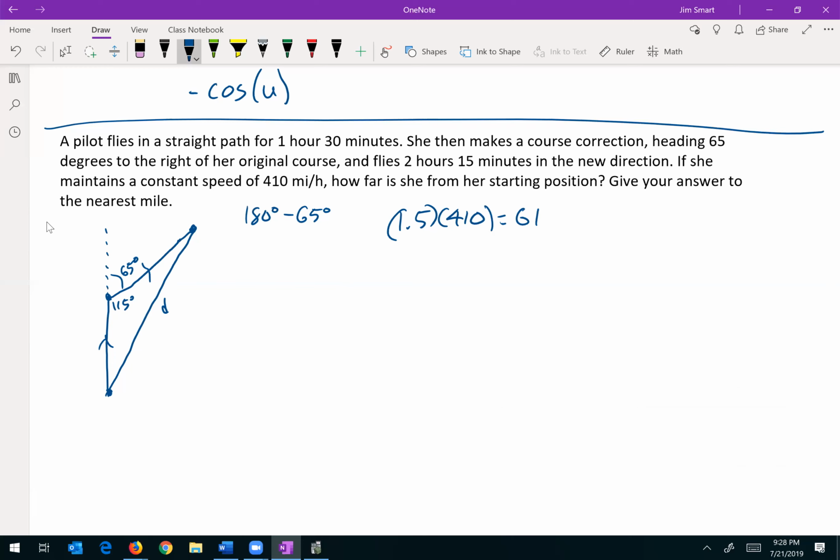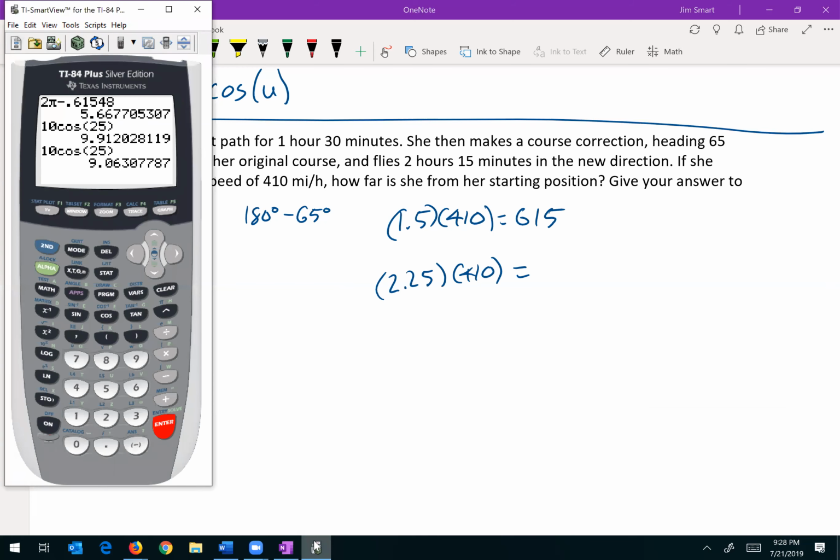That would be 615. So the left side is 615. And then we've got 2 1/4 times 410 for that top side. 410 is not divisible by 4, so let's just do it real quick. It's going to be something plus 0.5 times 410.